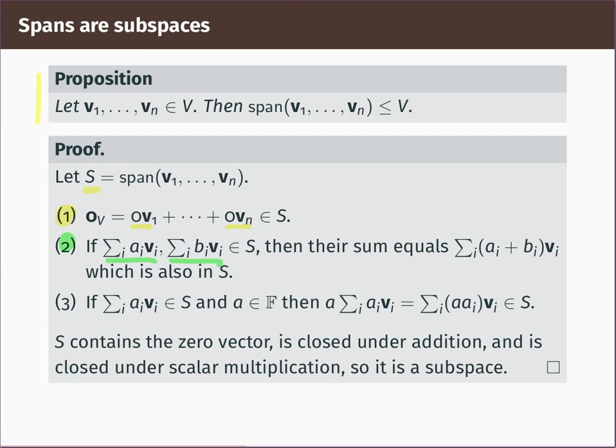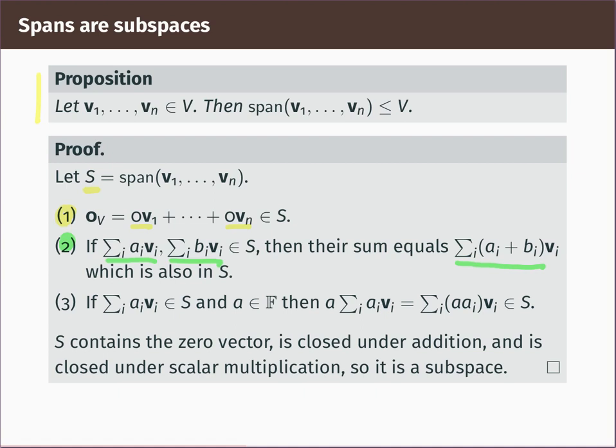But if you add those things together, then the vector space axioms let you collect the coefficients of each vi. So the associativity and commutativity laws and the distributivity laws in vector spaces allow you to gather the coefficients of each of v1 up to vn. So you can rewrite their sum as the sum of (ai plus bi) times vi.